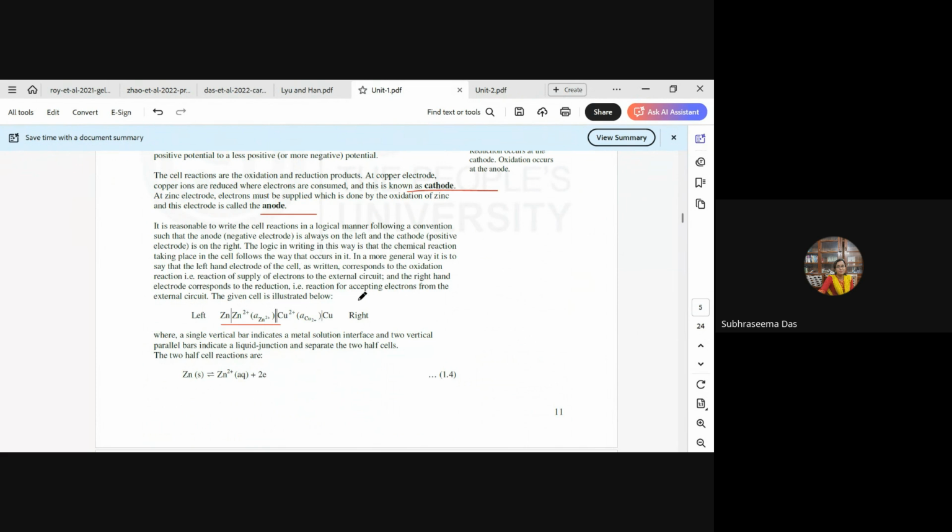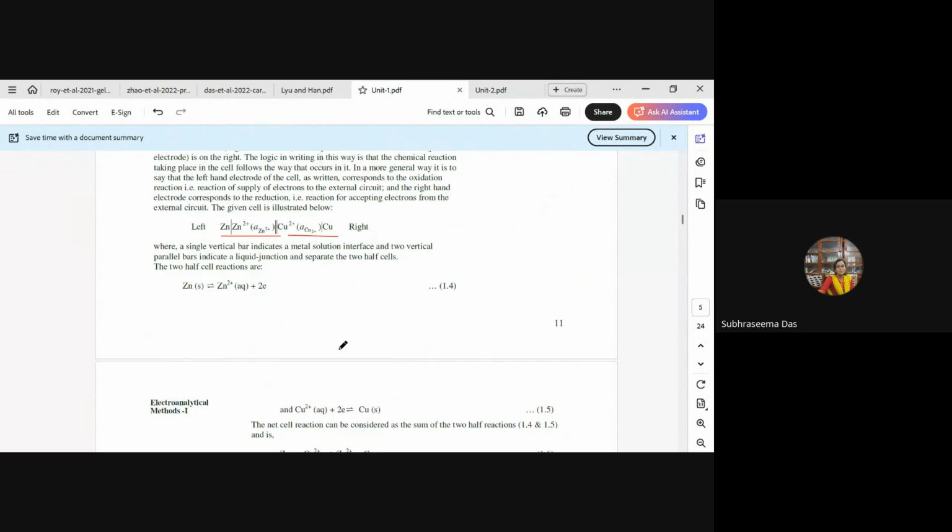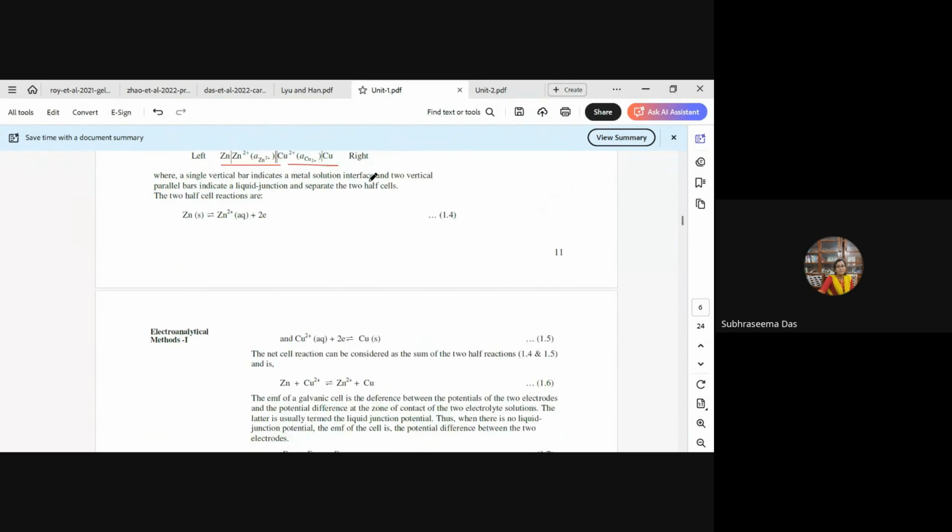And in the galvanic cell, Cu2+ to Cu, the reduction reaction, takes place at the cathodic side, so it is always written on the right. The single vertical bar represents the metal and metal solution interface, and the two vertical bars indicate the LJP.